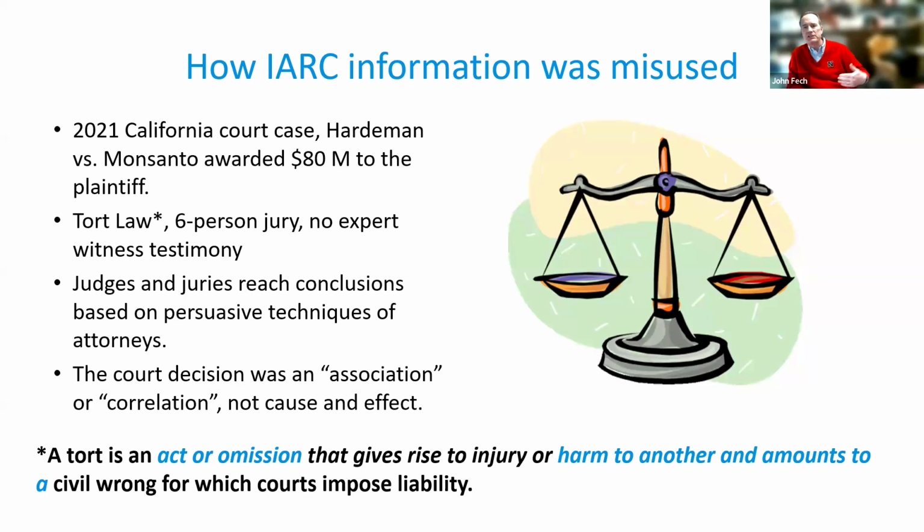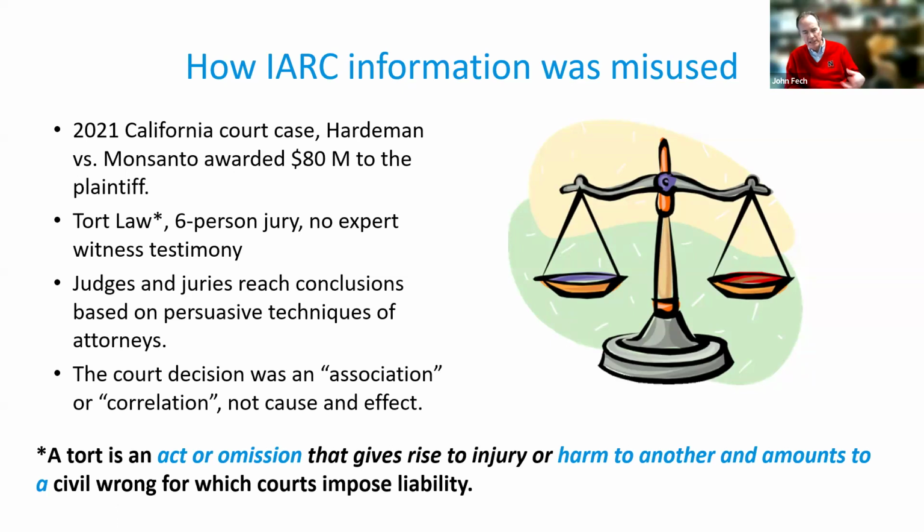In this particular situation, tort law was used instead of the more traditional cause and effect type of law. There was a 6-person jury, not a 9-person jury, and there was no expert witness testimony. So there are 3 red flags there when you think about the way regular court cases work.